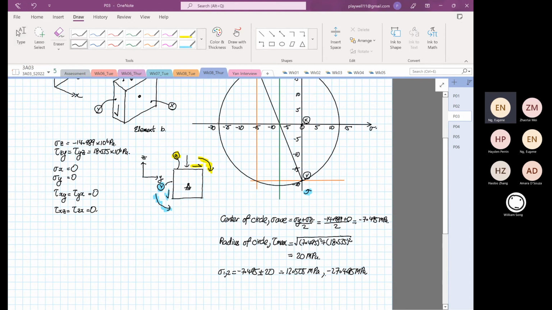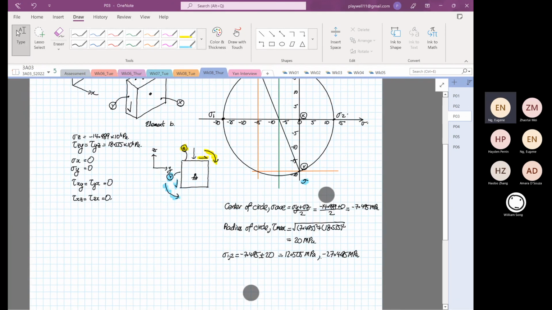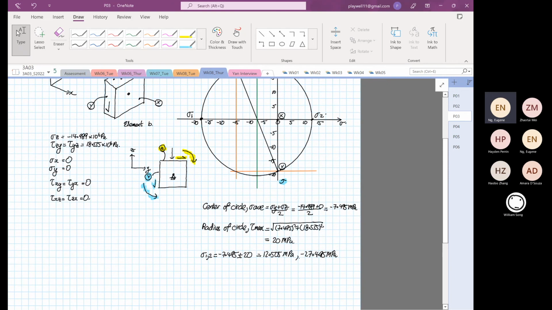This value over here is our stress 1, and this value is our stress 2. And we have found that our tau max is equal to 20 megapascal.